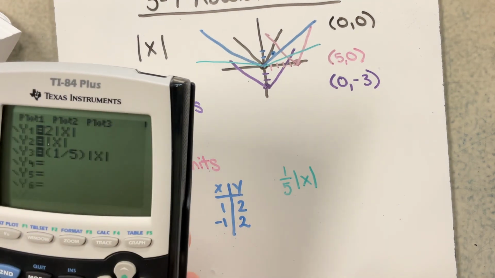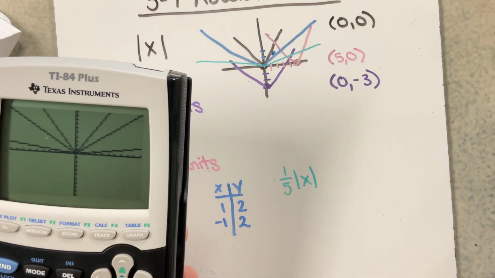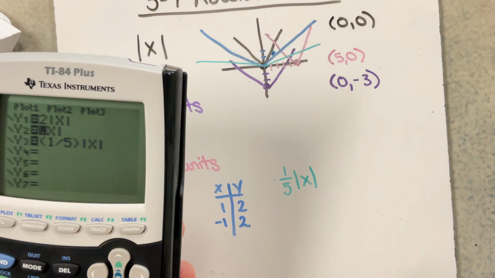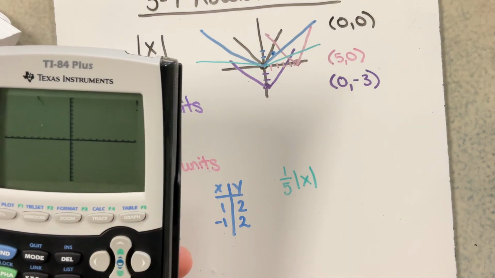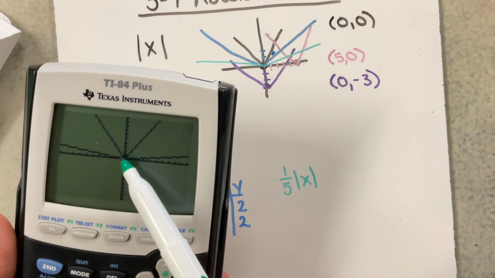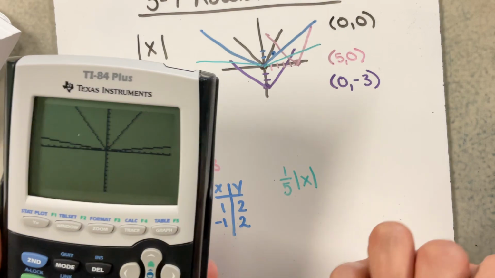All right, so let's go back here for a minute. Let's clear out our x graph. Oops, hold on. I'm going to clear out my x graph. There we go. So there was my 2. So it actually looks like it's skinnier, right?